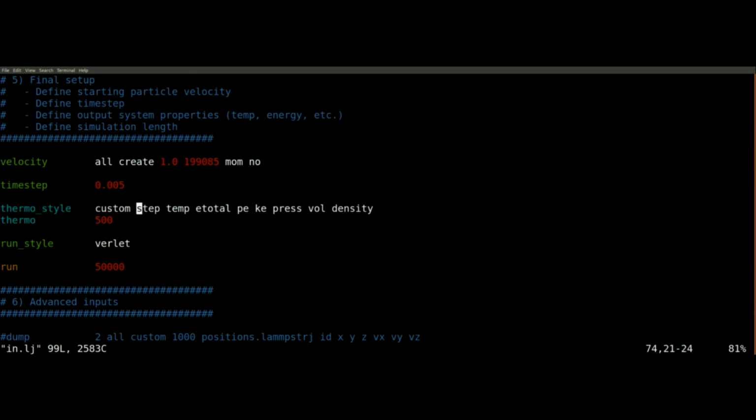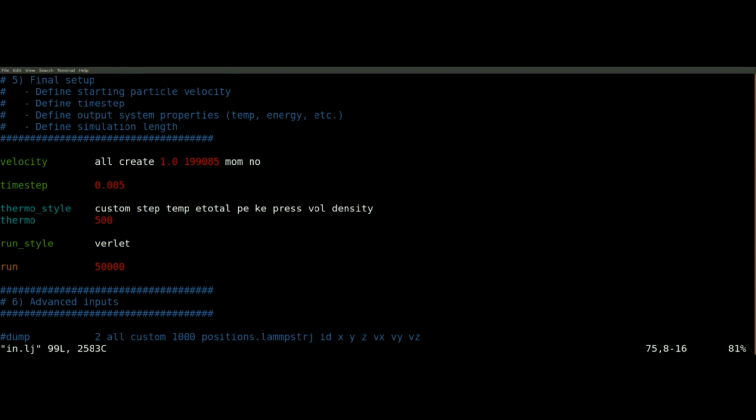And the things I want to output are the simulation time step, the temperature of the system at that time, the total energy, the pressure, the potential energy, i.e. all energies caused by interparticle interactions, the kinetic energy, the volume, and the density. And then I want that to be output every 500 time steps.